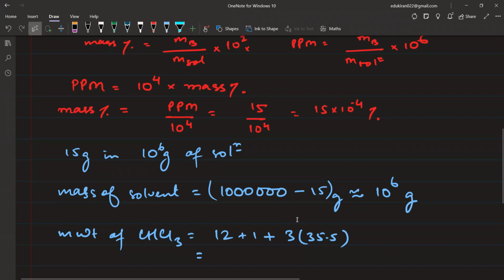Okay, calculate the molar mass here. This will be 119.5 आ रहा है. Chloroform 119.5 grams per mole.